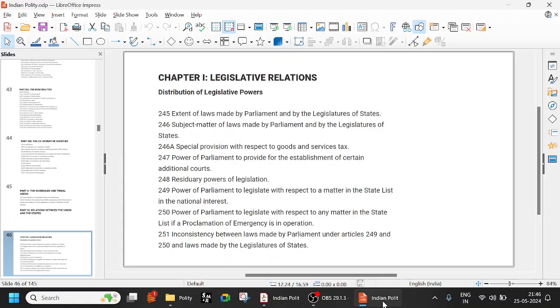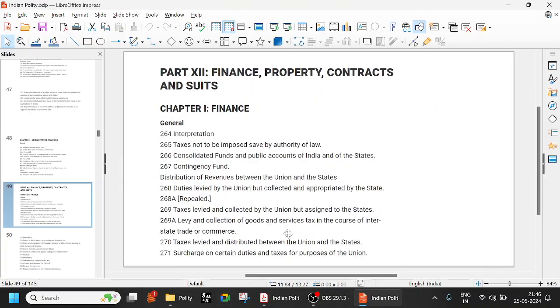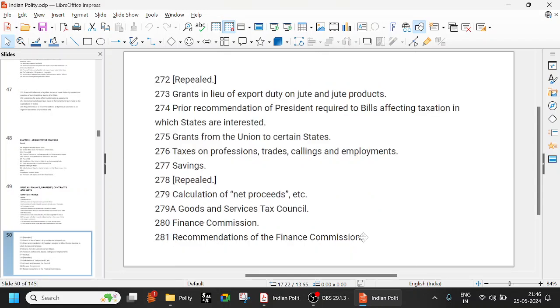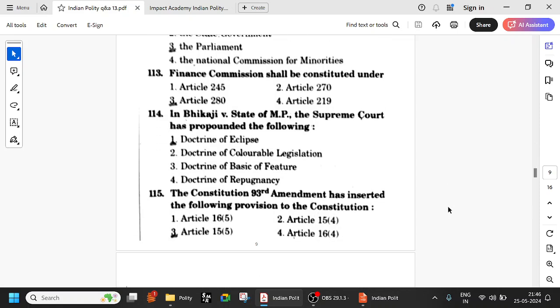Next, 270. So 270 will be taxes levied and distributed between union and states. These days these are also not very important because GST has come. 280 is Finance Commission and 279A is Goods and Service Tax Council. So anyway, Article 280 is Finance Commission. Every 5 years a Finance Commission.